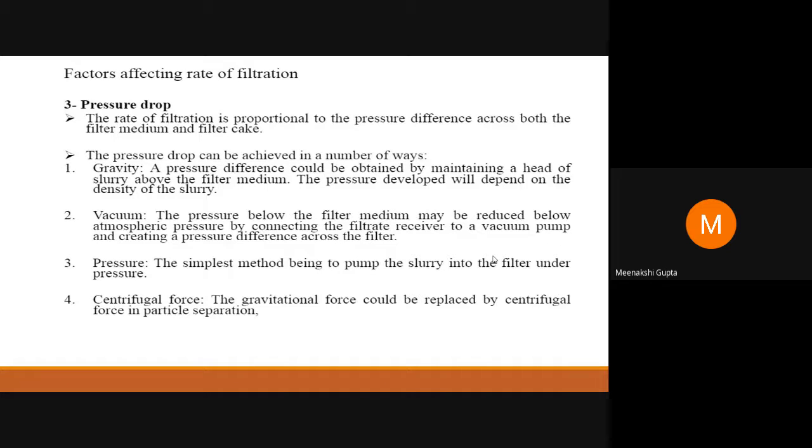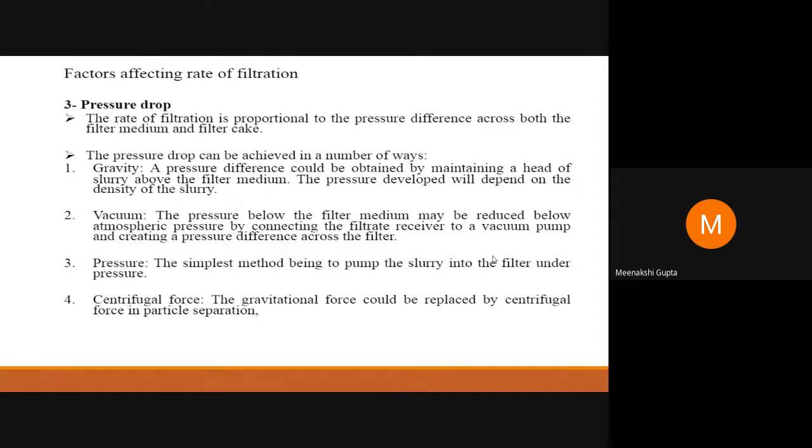Okay, and vacuum: we all know that if we produce a negative pressure below the filter media through a vacuum pump, it will create a pressure difference.